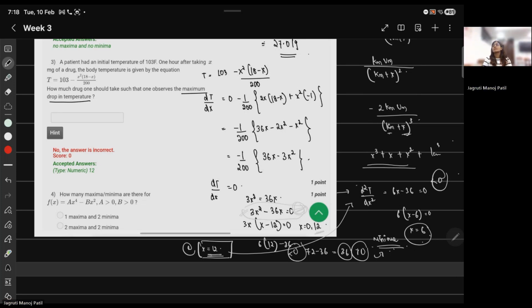For the maximum drop in temperature, when would there be a maximum drop? Let's say you're plotting it. Here it's constant, here it's decreasing. It's not a plot for this particular equation, we're just doing it randomly.